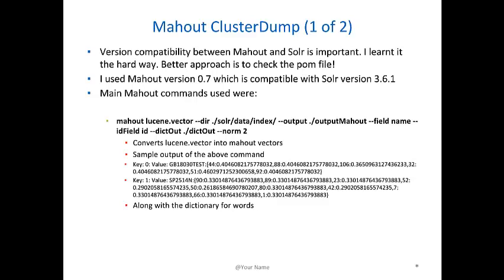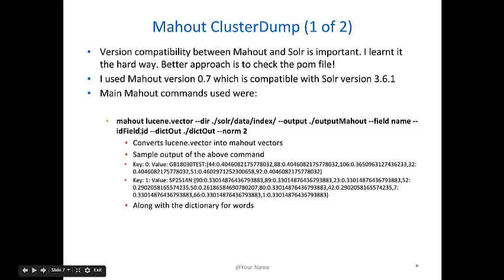So now in the next few slides, I'll just go command by command of the shell script that is run from within Solr, which basically runs Mahout commands. The first one is to convert Lucene vectors into Mahout vectors.